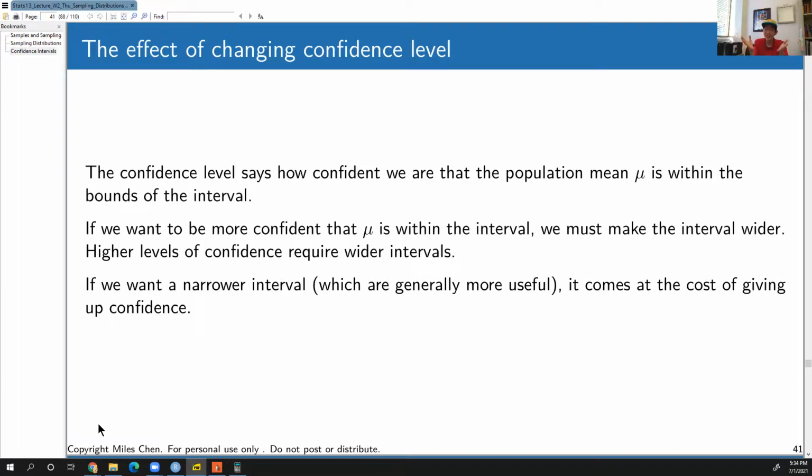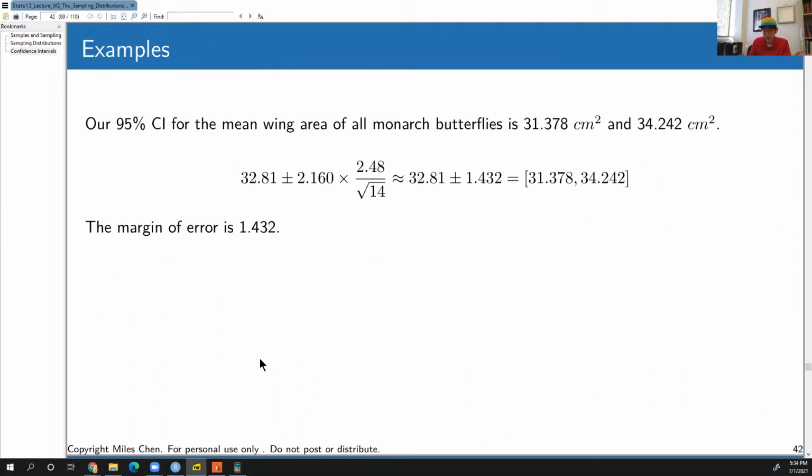Basically it's not as interesting or useful if you need to be conservative and safe in the interval that you're making. So usually a narrower interval is more interesting and more useful, but you're going to be a little bit less confident in it.